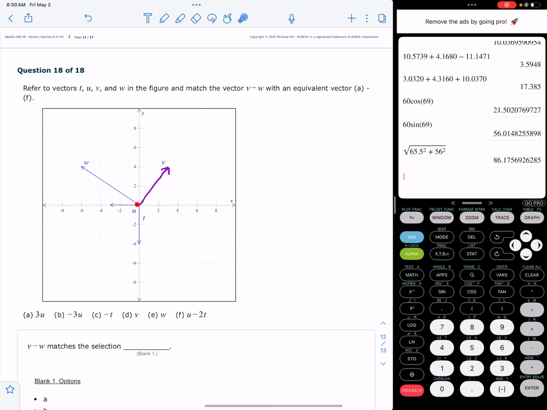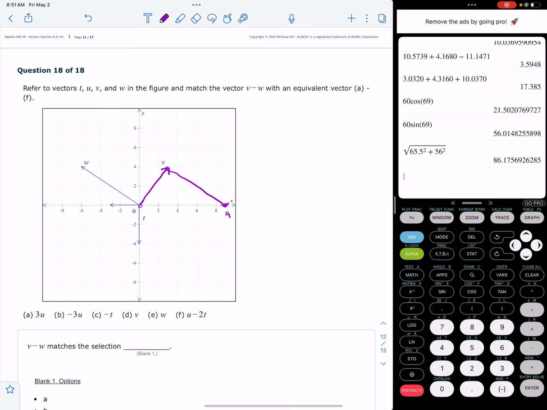So I need to go 1, 2, that part's right. 1, 2, 3. So I need to end there, which is at 9.